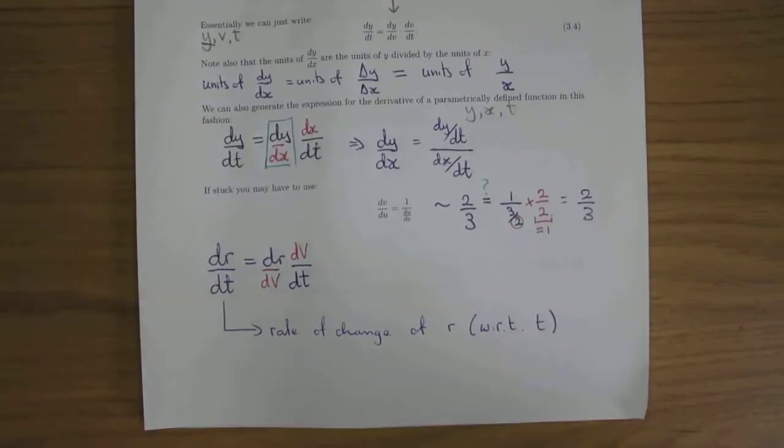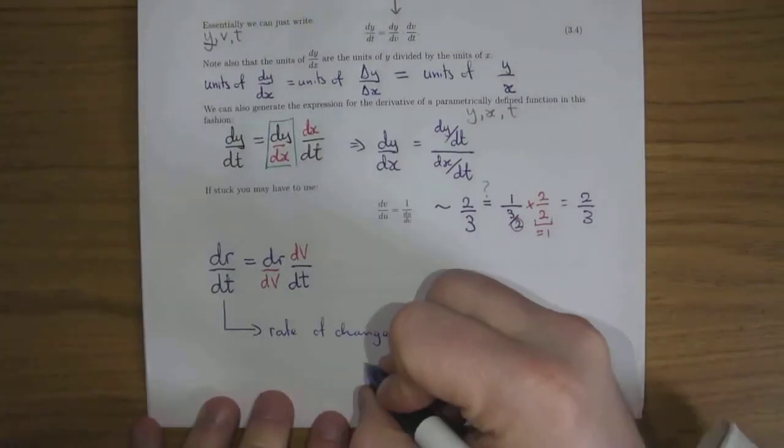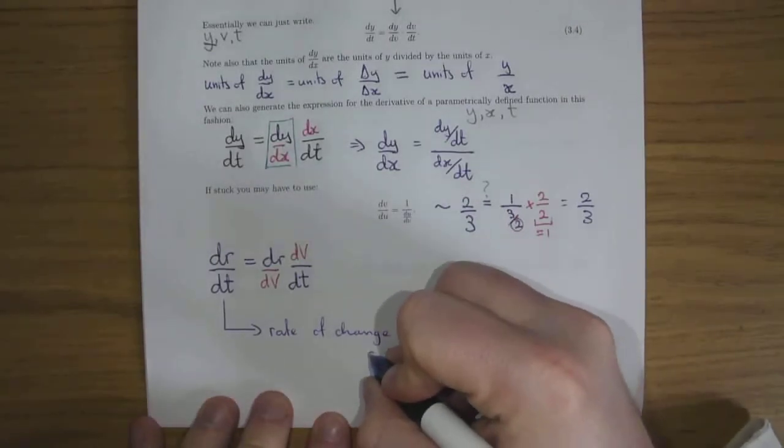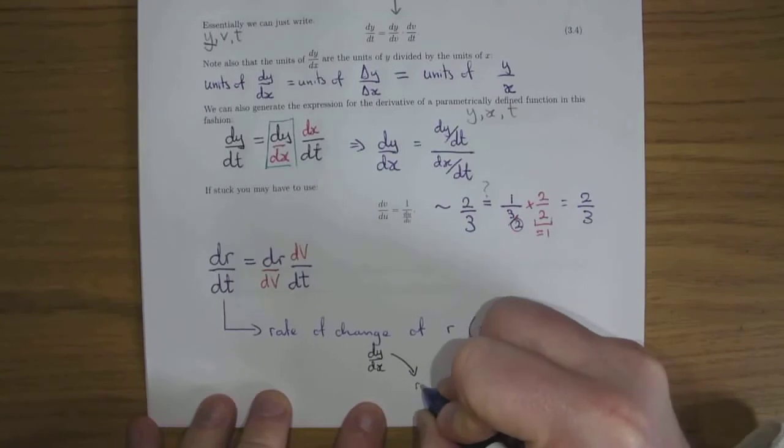And there's two things you have to be able to do in this module and any kind of engineering maths. As soon as you hear derivative, you're thinking rate of change, you're thinking slope of tangent. As soon as you hear slope of tangent, you're thinking derivative. As soon as you hear rate of change, you're thinking derivative. These are all the same things. So as soon as you see a dy dx, this is a rate of change.